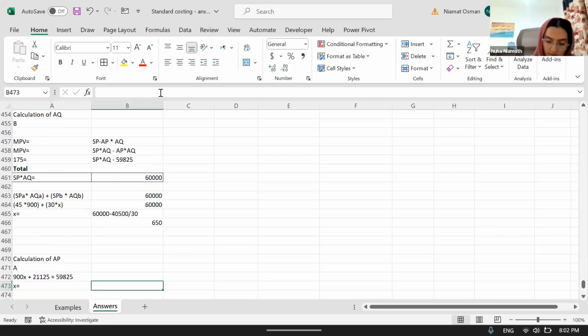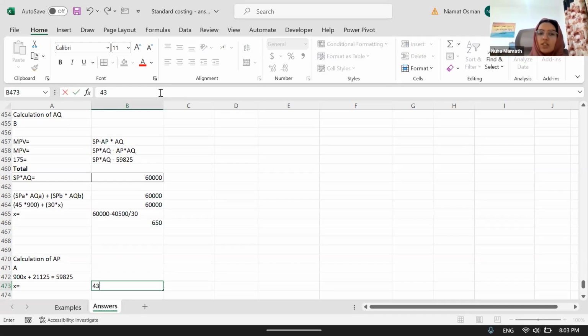X will be 59,825 minus 21,125 divided by 900, which comes to. Neetu, how did you get 38,700? Okay, the 59,825 minus 21,125, but we need to divide it by 900 now to find the x.